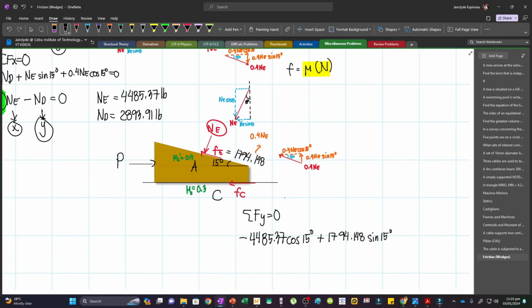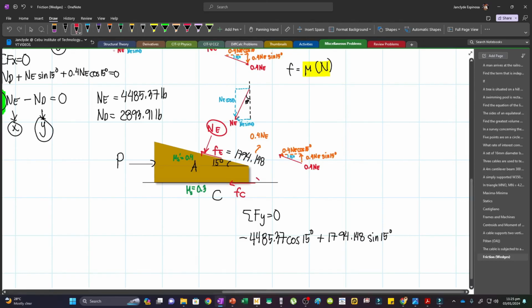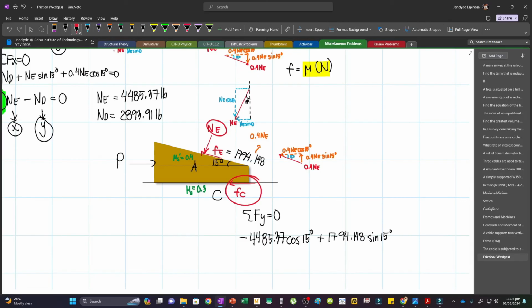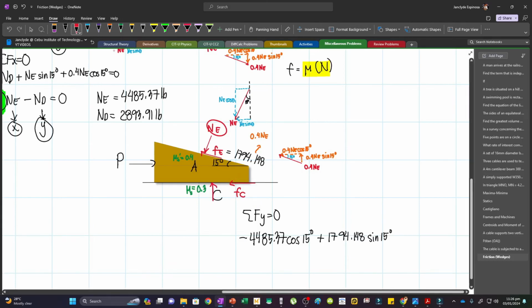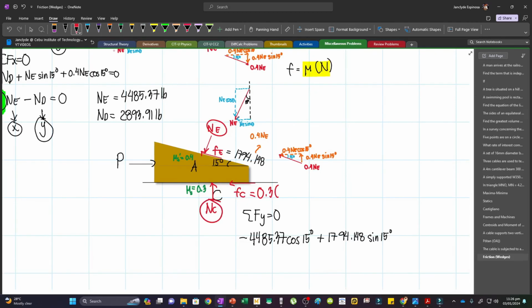Now we are still missing something because we have a frictional force here, but we did not write our normal force. This is supposed to have a normal force at C. And then Fc will be mu times N. Now our mu is 0.3. So this is 0.3 times the normal force at C. So this is NC. And so I will still add here NC. And so I will set this one to 0.